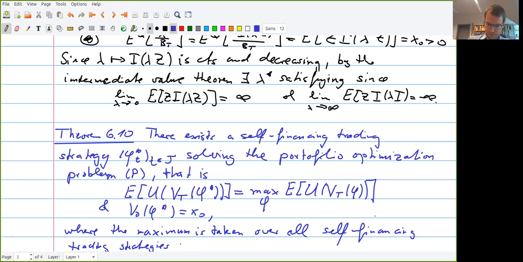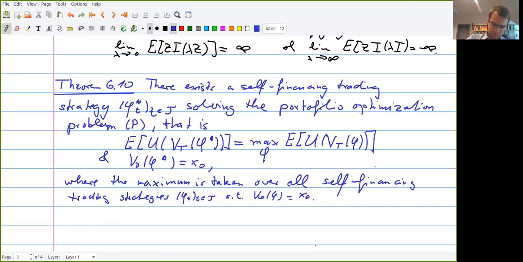Fine. Such that the initial capital I need to implement this trading strategy is exactly x0. Okay, so this is the original portfolio optimization problem we started with at the beginning of last lecture.